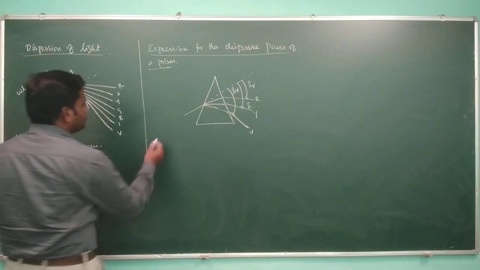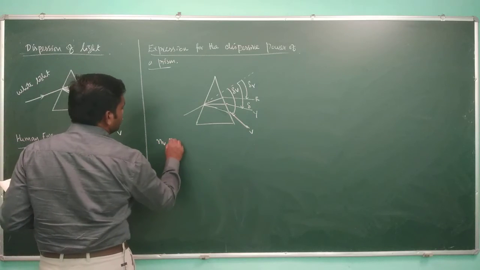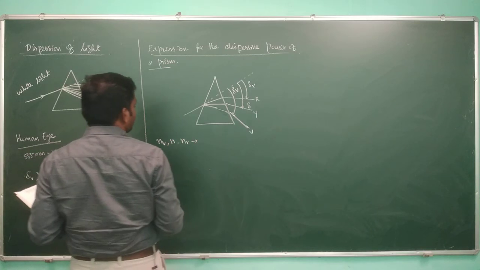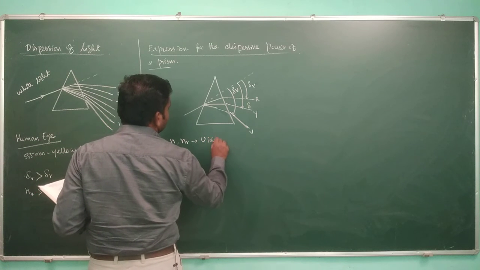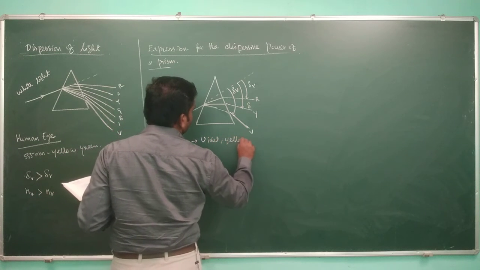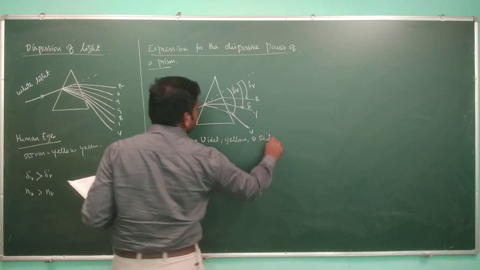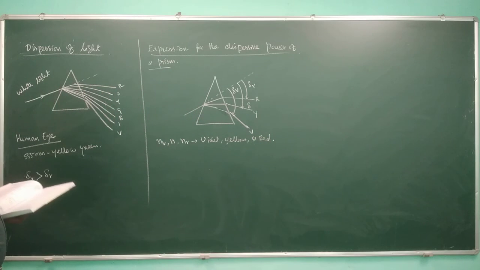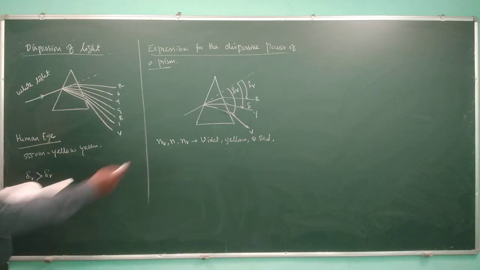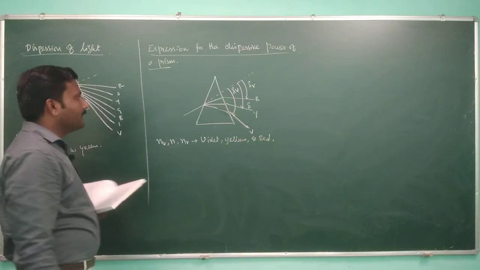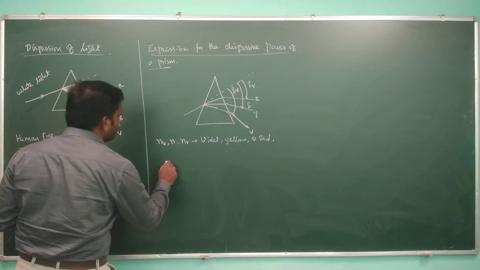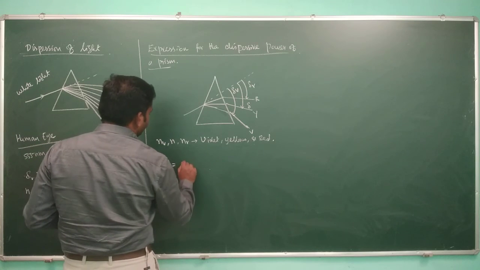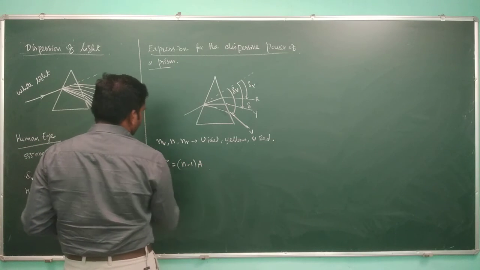Now, NV, N, NR are the refractive indices for violet, yellow and red. As the angle of the prism is small, as we have discussed in the previous topic, we can write the angle of deviation as (n minus 1) into A, the angle of the prism.